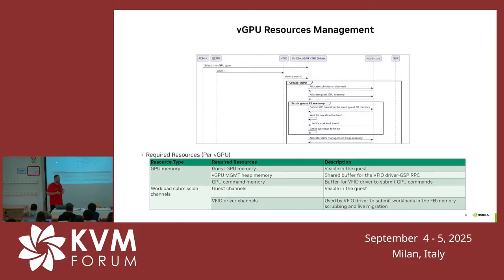This cannot be done by the CPU because it takes seconds, which is unacceptable. We also need some driver channels for the VFIO driver to issue this GPU workload. After you get the submission channels and the GPU memory, the GPU memory is wiped, and then you also allocate the vGPU memory to manage the heap, and then the resources needed by this vGPU are successfully allocated.